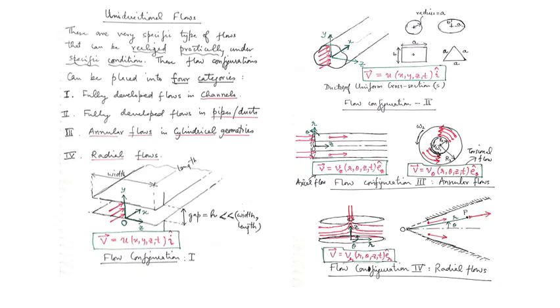Now moving on to flow configuration 3, which I have mentioned as annular flows in cylindrical geometries. As you can see in the picture, there are two types of annular flows that are possible in cylindrical geometries. The first one on the left has a larger radius pipe, and inside there is another solid rod or even another pipe of smaller radius.